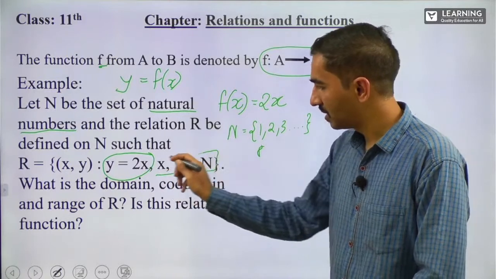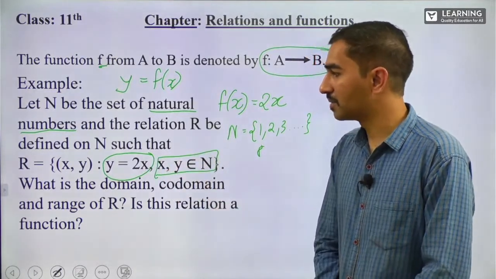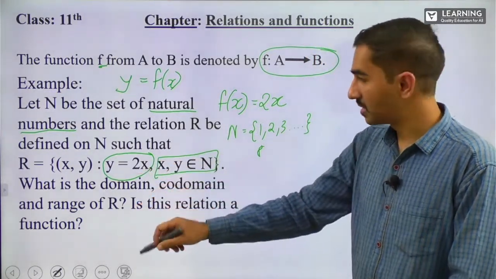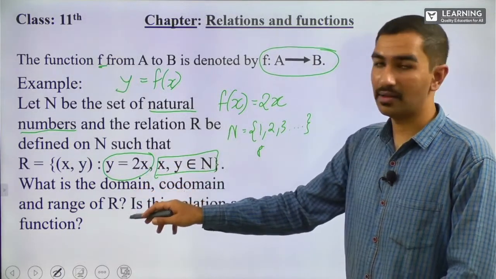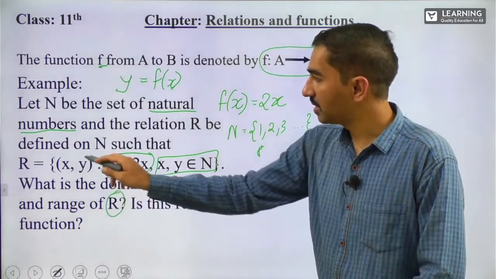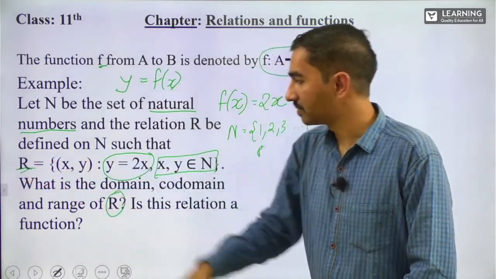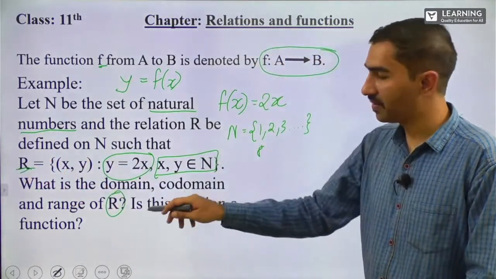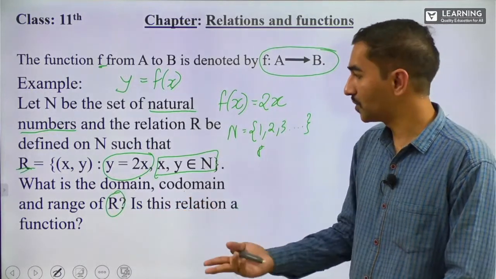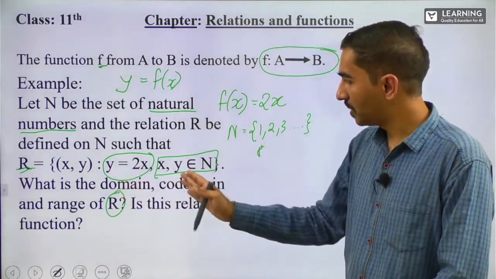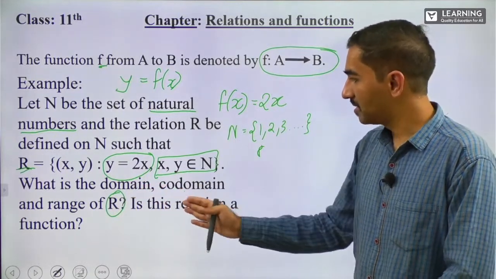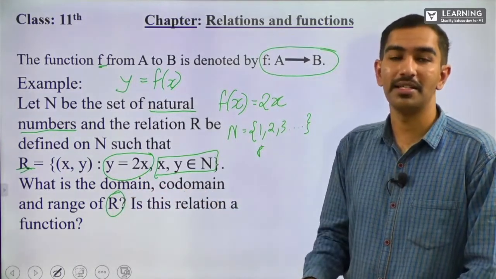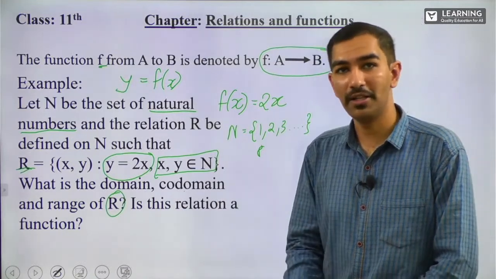So see this, x comma y belong to the set of natural numbers. So the question here is, what is the domain, codomain and the range of R? What is R here again? R is nothing but this relation R. Okay, is this relation a function? So there are two questions here. You have to find out what is domain, codomain and range. That is number 1. And number 2 is, is this relation a function? You have to tell whether this relation is a function or not. Okay, we'll solve this problem now.